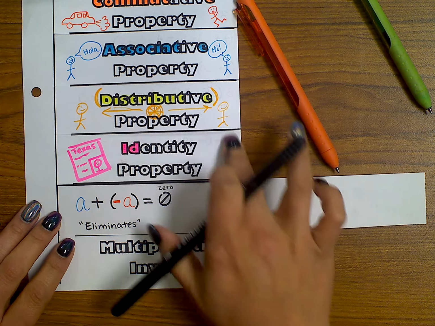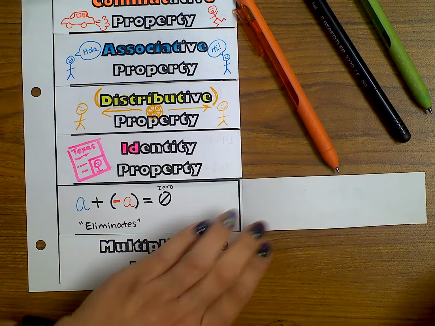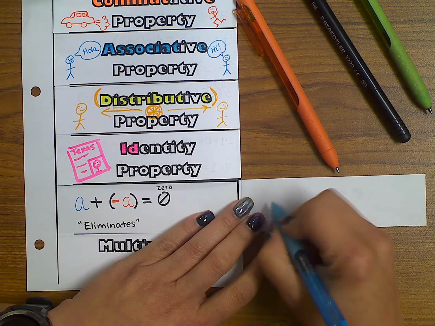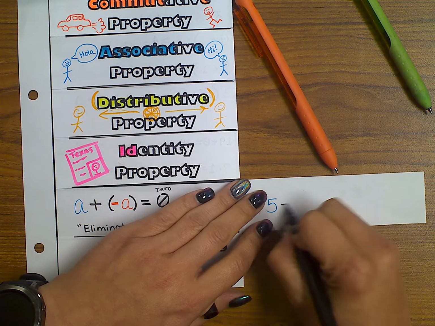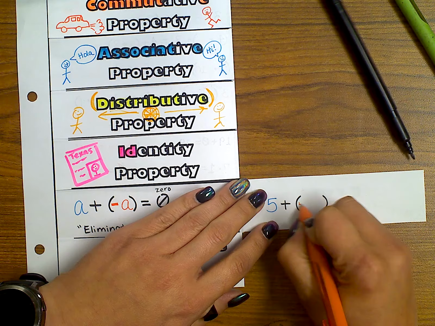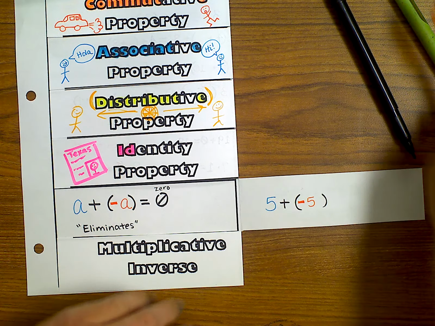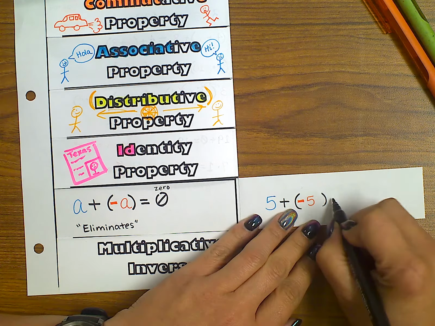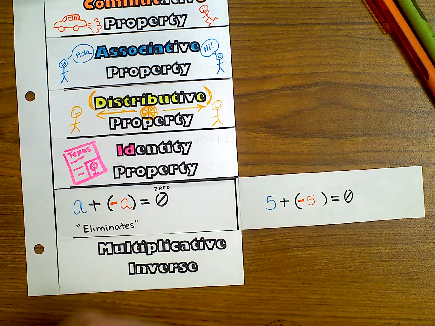It reduces to 1. It's very important to know the difference. So let's use the example of 5 plus, what is 5's inverse? Negative 5. And what happens there? It eliminates, and you have 0.